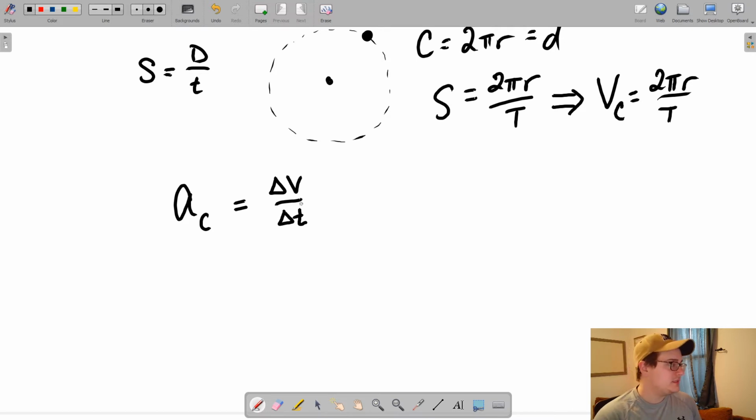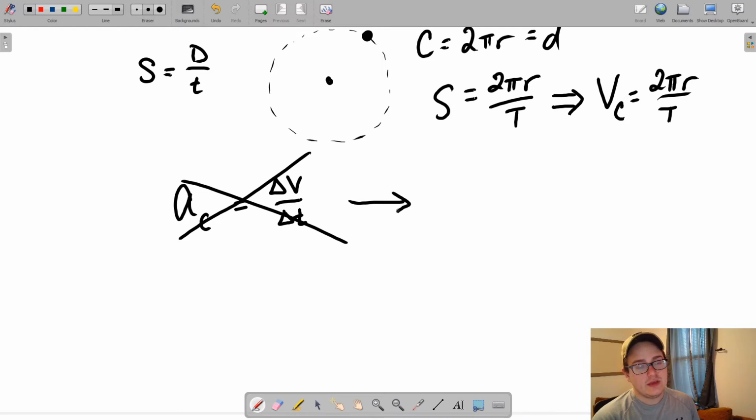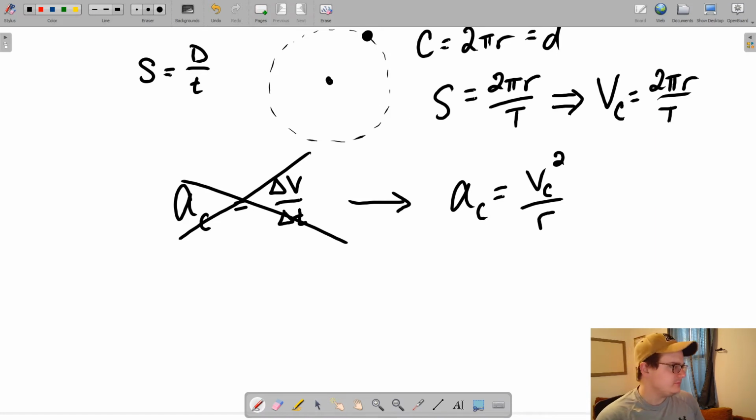And so we just go with the assumption that you don't need to do the derivation to go from linear acceleration to centripetal acceleration and all those proofs in between. What is given on your reference sheet is centripetal acceleration is centripetal velocity squared over r, r being the radius of the motion.